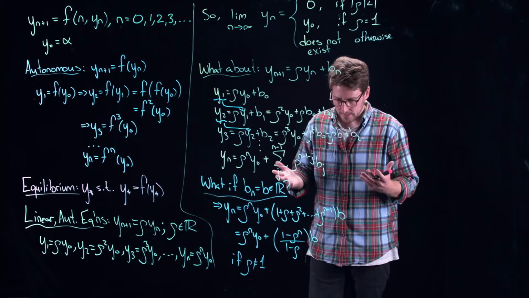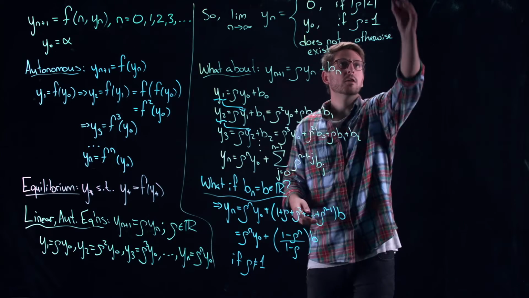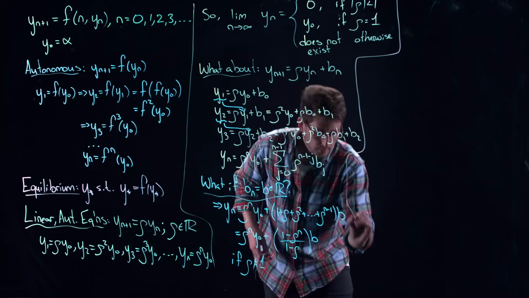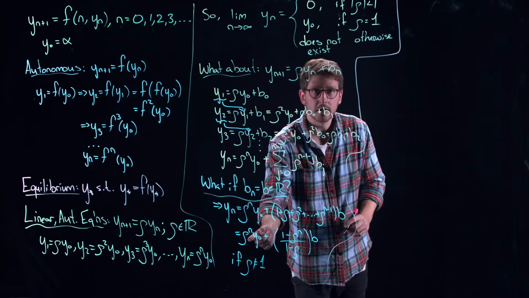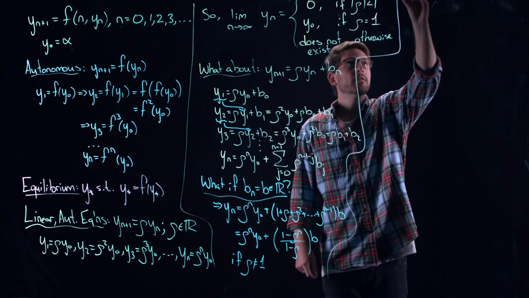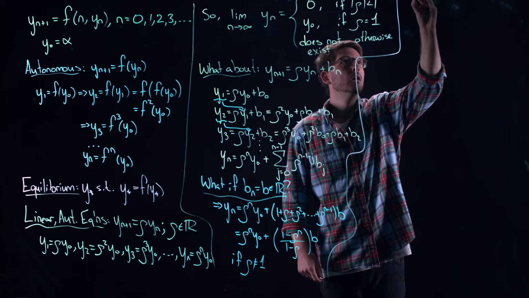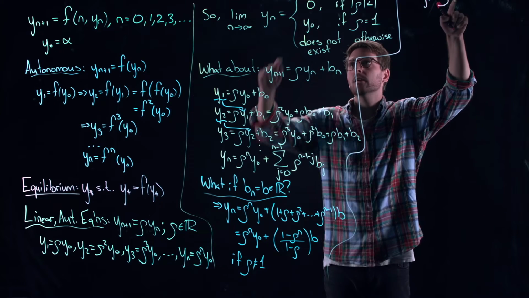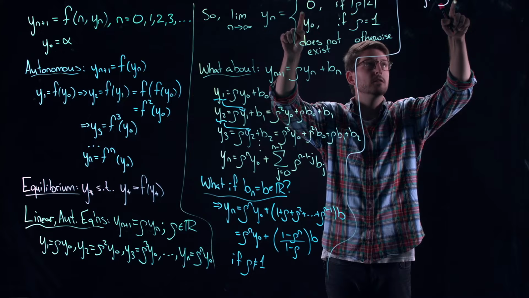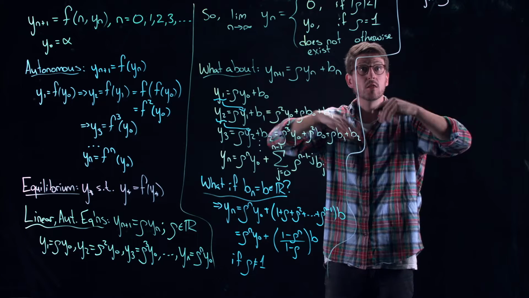Okay, so what happens now? Well, the first thing that I can do is I can rearrange. I've got rho to the n and I've got a rho to the n here. So therefore, y sub n, let's put all of the rho to the n's together because that's really what I cared about in terms of my long-term limit.